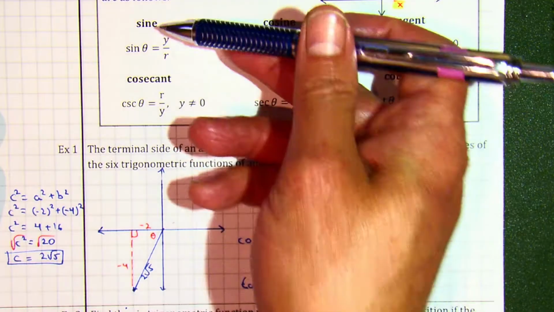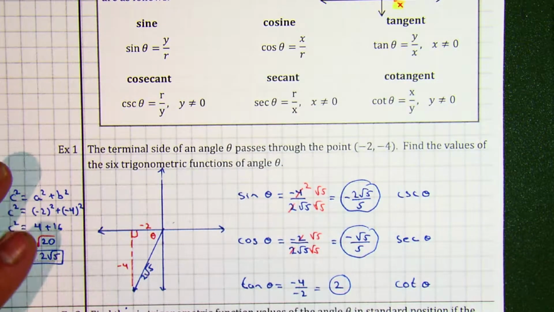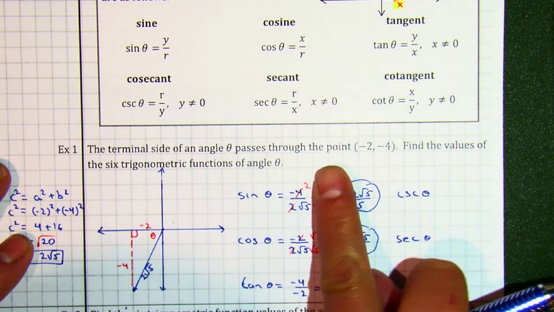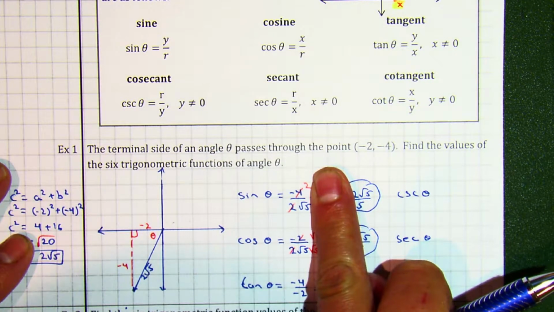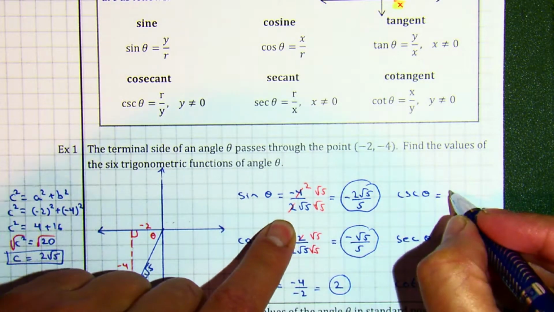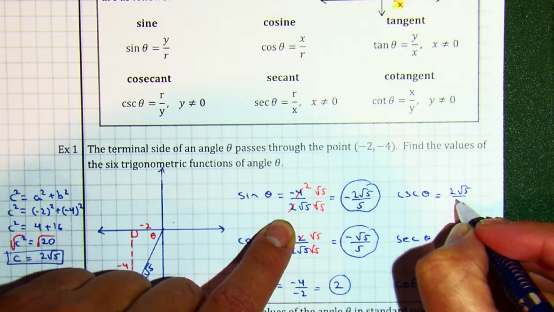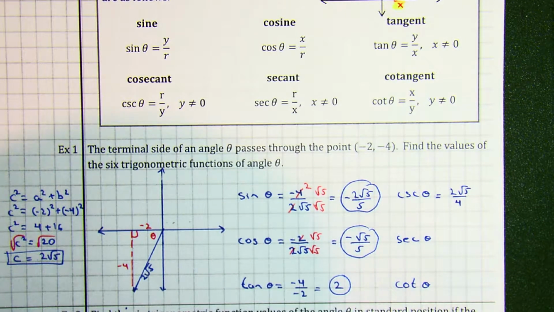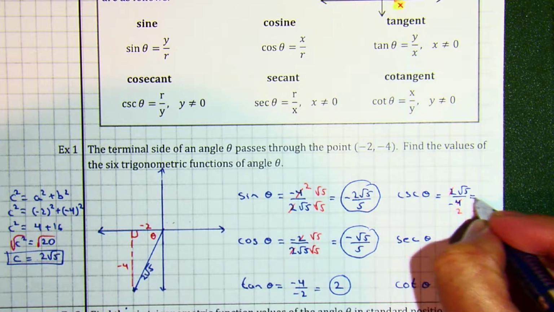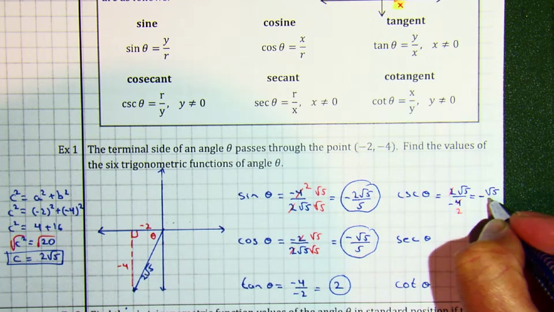So we know the sine and cosecant are reciprocals of each other. Now instead of taking the reciprocal of this fraction, I want to take the reciprocal of my original fraction. So it'll be 2 square root of 5 over 4. I'm going to reduce it once again, divide by 2, and it's negative 4, correct? So I end up with negative square root of 5 over 2.